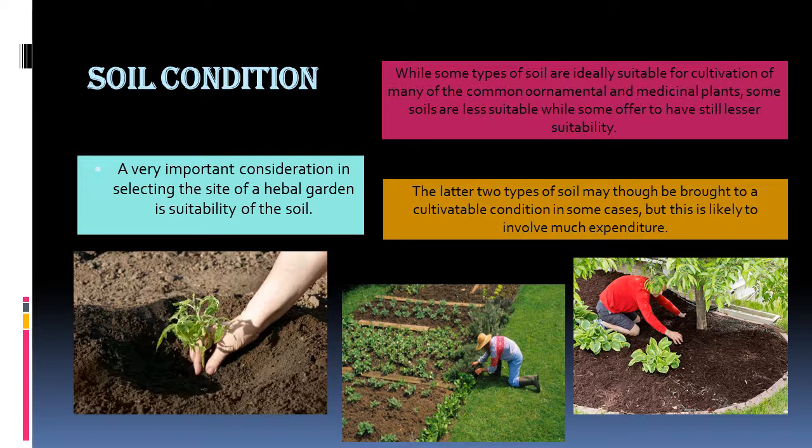The latter two types of soil may be brought to a cultivatable condition in some cases, but this is likely to involve much expenditure. The following conditions, however, are considered as regards soil condition of the site of a herbal garden.